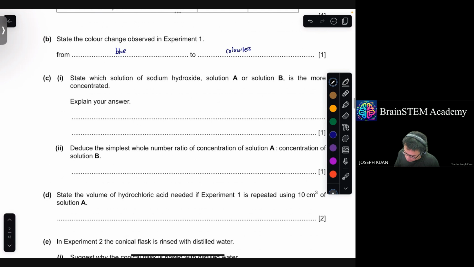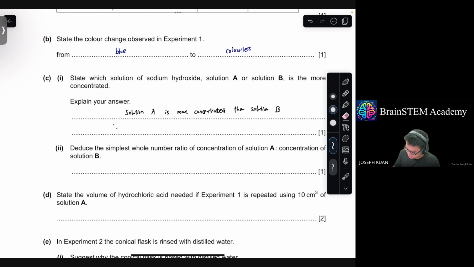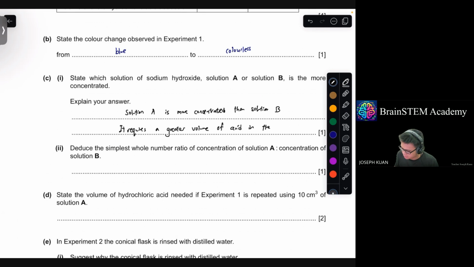Right, so solution A is more concentrated than solution B because it requires more acid. Let me rephrase that with a better professional phrase: it requires a greater volume of acid in the titration process.